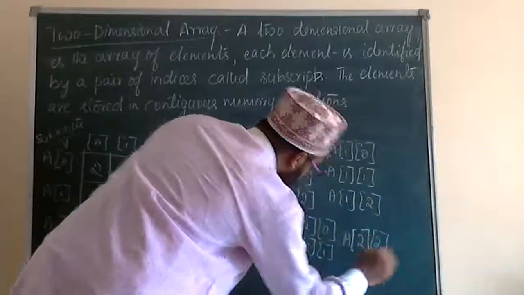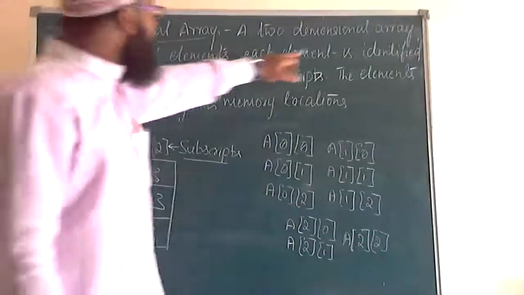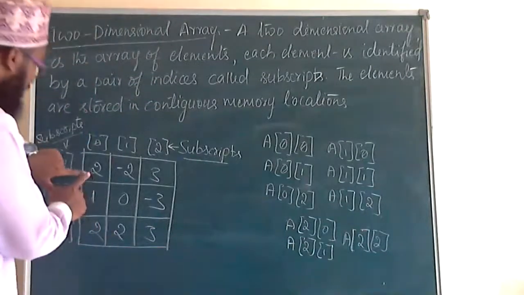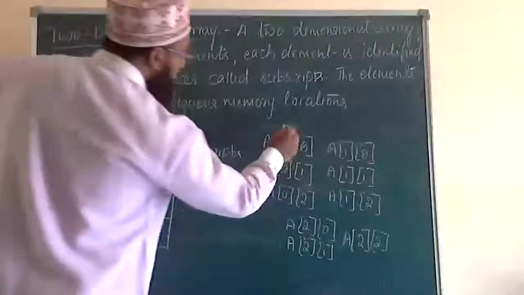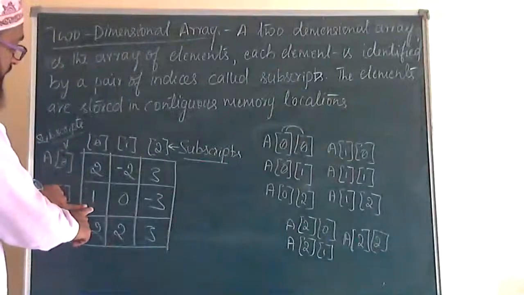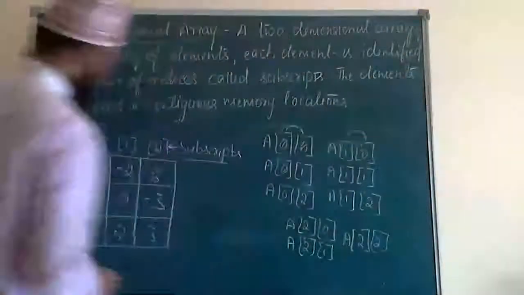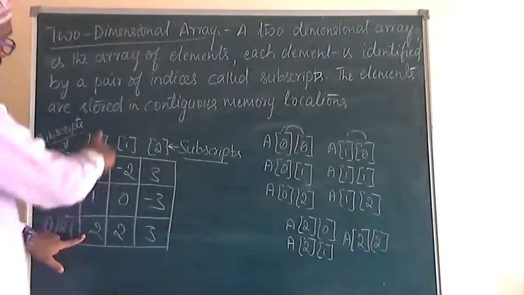So here what it is explaining is that each element is identified by a pair of indices. One element is represented by two indices. Like this, element 1 is represented by a of 1, 0. Then each element is a single element represented by a of 2, 1.